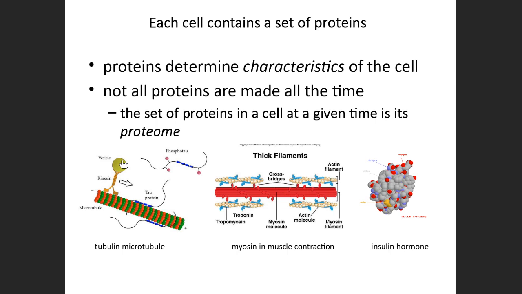So here we have our microtubule. We have a little bubble of something that needs to be moved. It's attached to the microtubule, and it can walk along the surface of the microtubule. That's a really important protein in nerve cells, where you have these really long axons that are actually just a bundle of these microtubules. They grow as long as they need to grow until they connect to another cell.